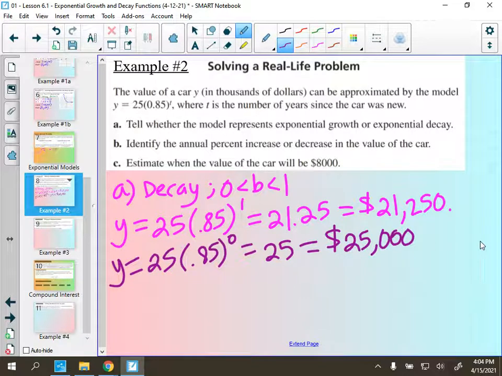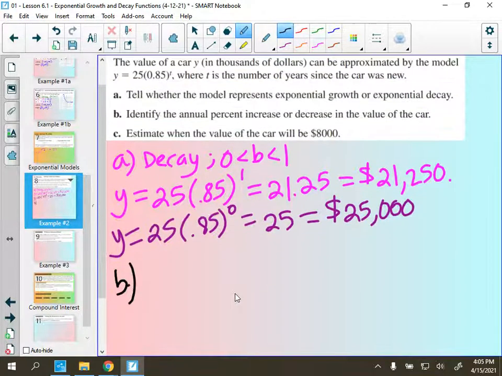Okay, so that's me breaking it apart a little bit for us, which leads to part B, when it's asking us to identify the annual percent increase or decrease in the value of the car. Well, we already said it was a decay, so we're definitely decreasing. It's a decrease by what percent? And we have to be careful here. We're not decreasing by 85%.